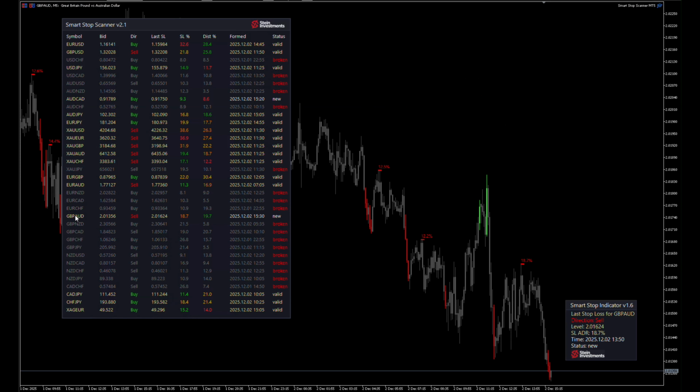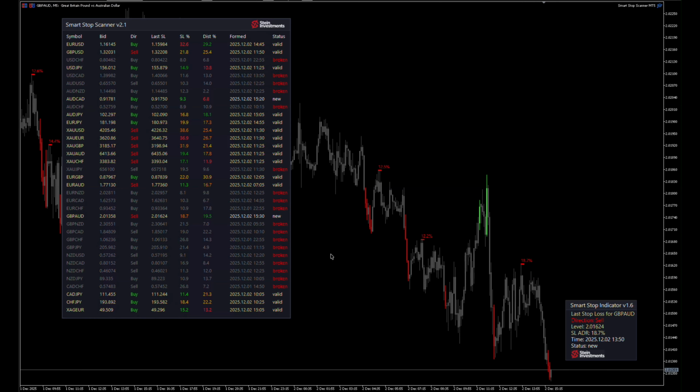As in this example here, British pound against the Aussie dollar, there is a new stop level, but it's pretty big and so not very favorable, especially considering the lot size you want to trade and the outcome you want to achieve. Last but not least, one very important reminder.